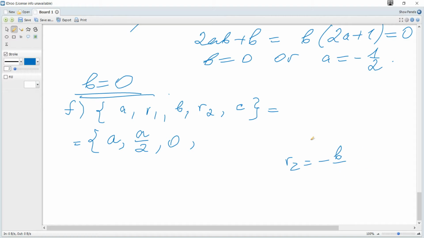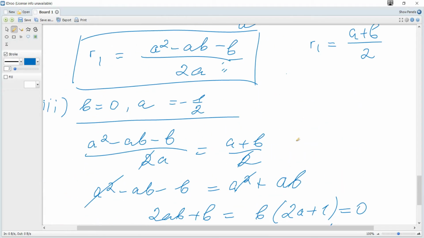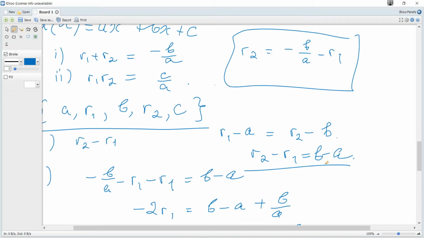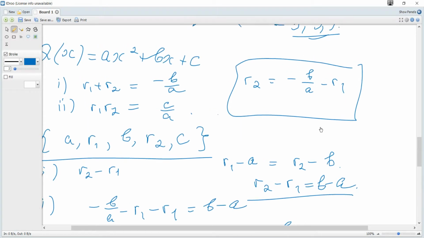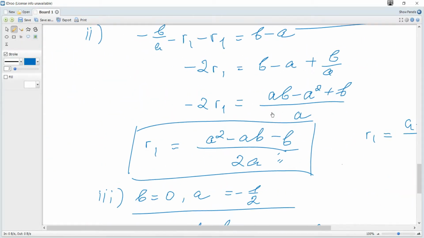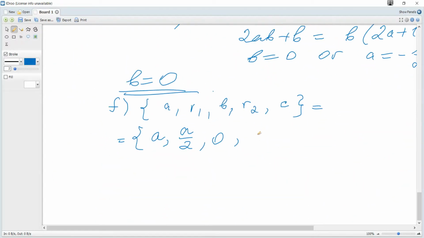So R1 is A over 2. But B is 0, so it's just negative A over 2, because B is 0.